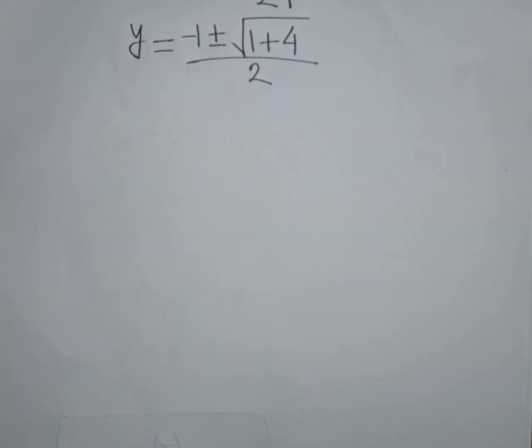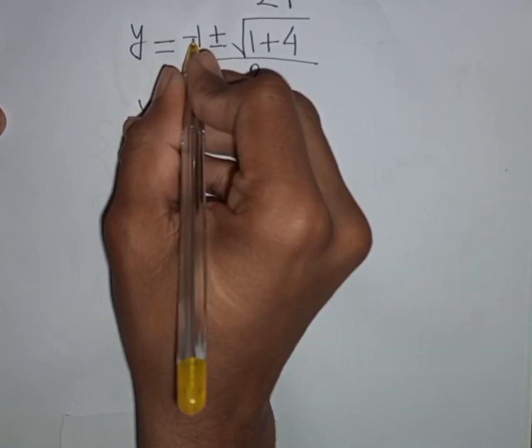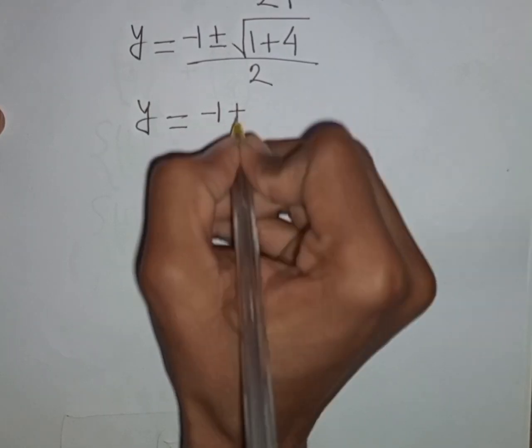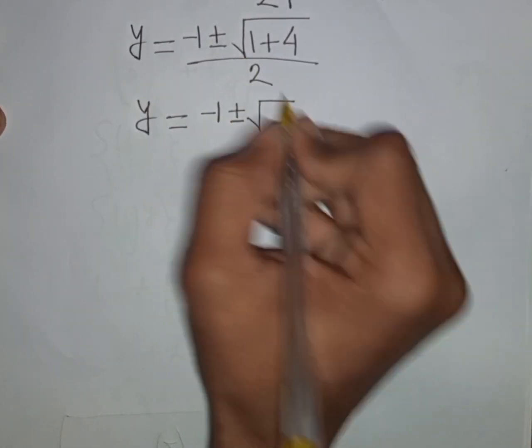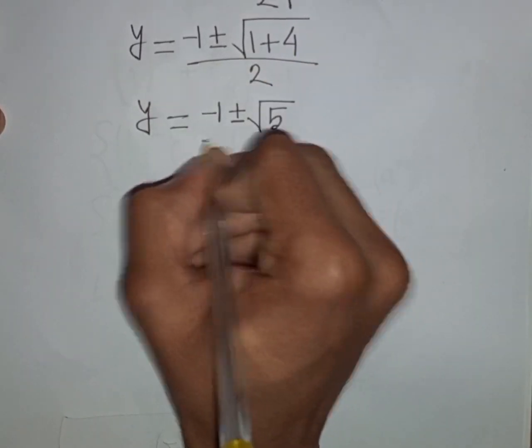Now we can write y is equal to minus 1 plus or minus square root of 1 plus 4, that means 5, divided by 2.